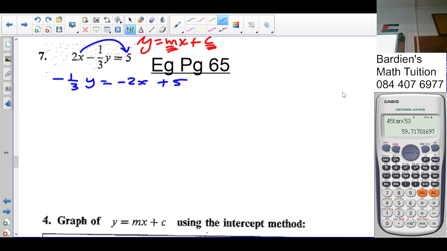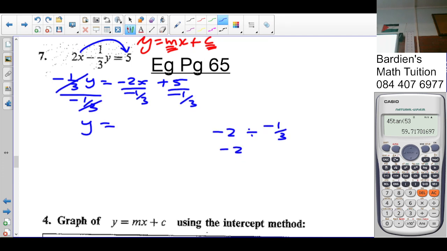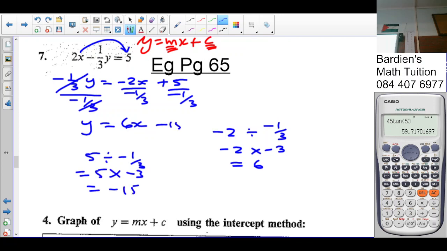So I'm going to divide throughout by negative a third. So that cancels, and y is equal to negative 2 divided by negative a third, which is the same as negative 2 times its reciprocal, negative 3 over 1, which gives me 6x. Then 5 divided by negative a third is equal to 5 times negative 3 over 1, which is negative 15.